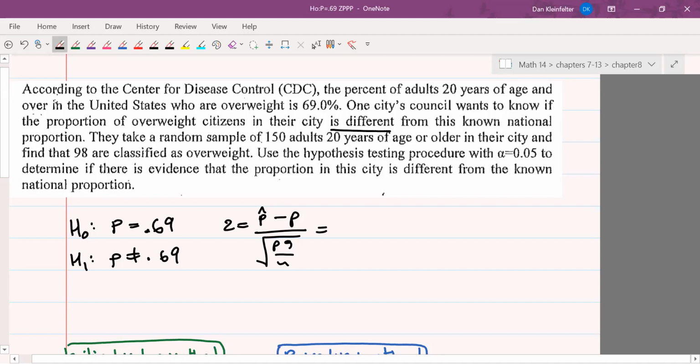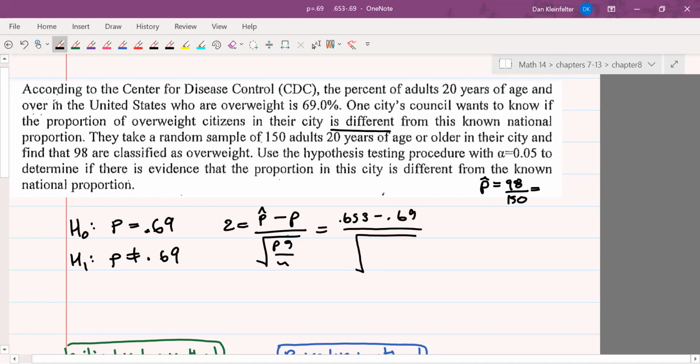All right, so then our sample proportion, they found 98 out of 150. So p hat is 98 out of 150, and that's about 0.653. Okay, the one from the hypothesis is 0.69. All right, so that is lower.